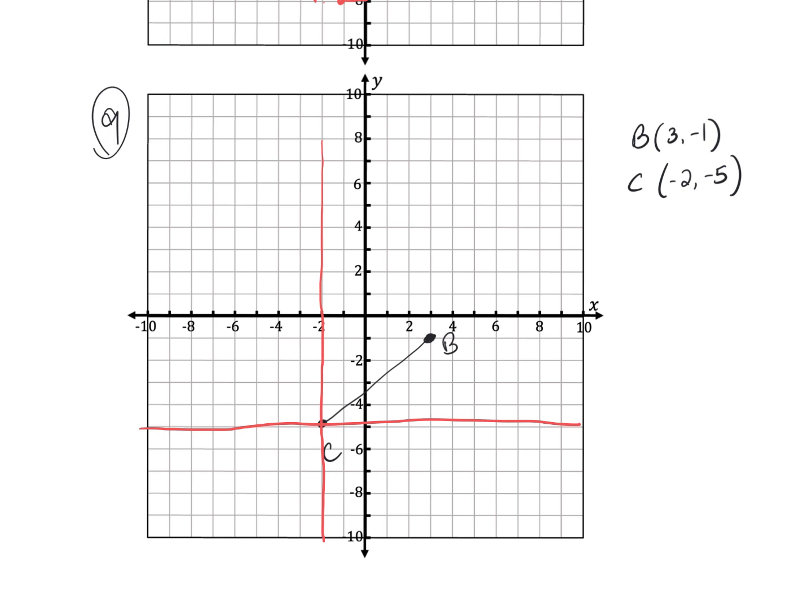Then I'm going to follow my original rotation rules as if this was the origin.